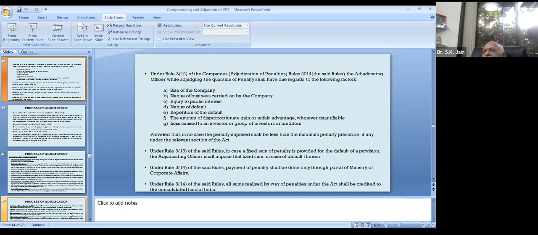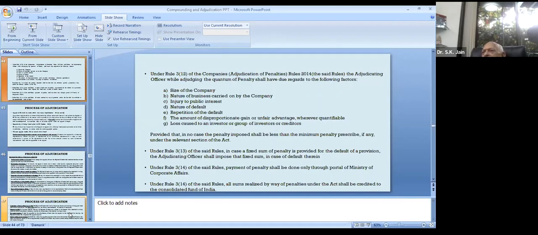Supposing ROC has imposed a minimum penalty of rupees 50,000, which may extend from 1 lakh to 5 lakh. So in total, he has imposed a penalty of, say, rupees 1,50,000. Then in appeal, RD can reduce that penalty, keeping the minimum intact, that is 50,000, but for the additional 1 lakh, he can impose a lesser penalty.